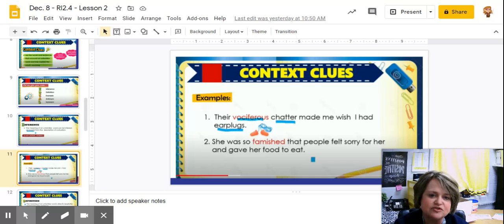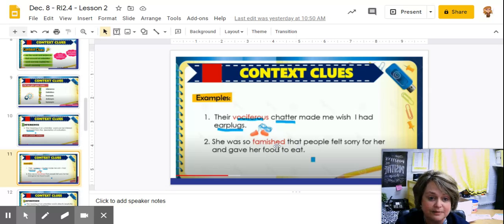So the way I figured out that word was to look at the other clue words in the text. Let's look at the next one. It says she was so famished that people felt sorry for her and gave her food to eat. Famished. She was so. That doesn't tell me enough, so now I'm going to have to read what is next in the sentence.